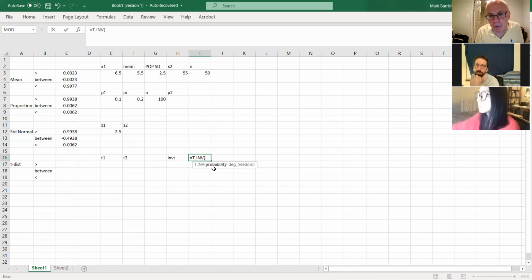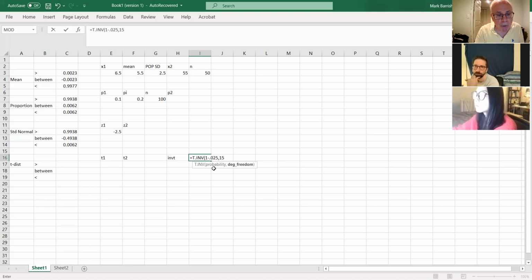It's 0.975, but this way you don't make a mistake. So 1 minus 0.025. And then let's say the sample size is 16. We said 16 right before. So we'd say degrees of freedom is 15.